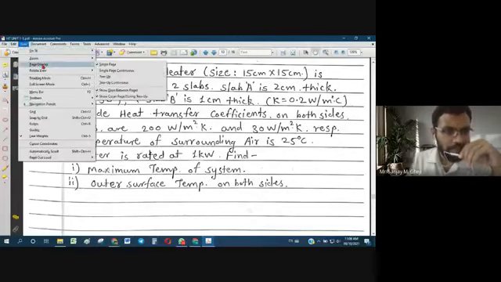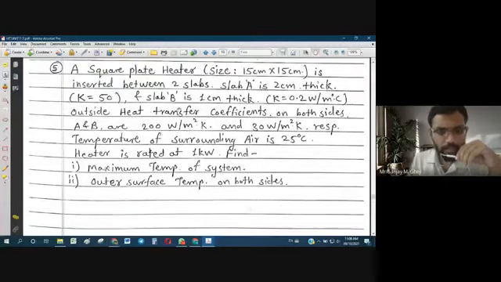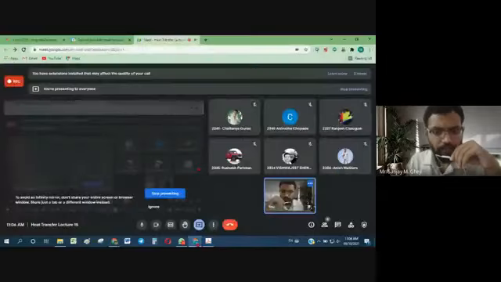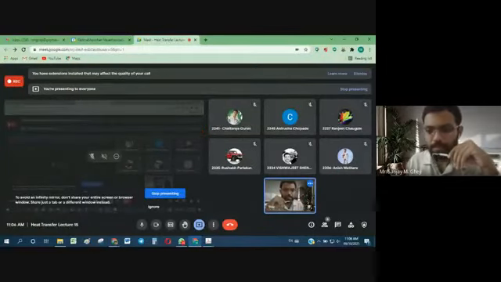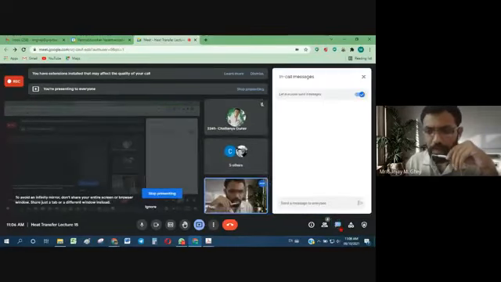I have changed the screen. You should be able to see the same. Yes, any one of you give me confirmation. Are you able to see the change of screen? Yes. Okay, Chaitanya says yes.